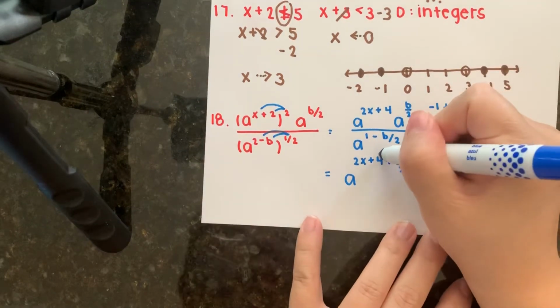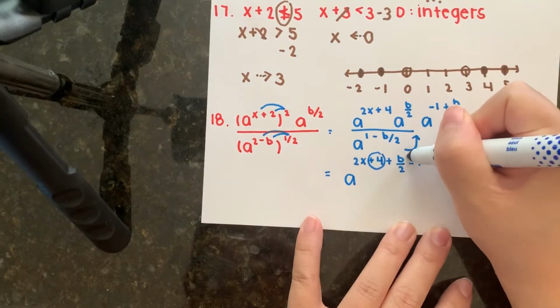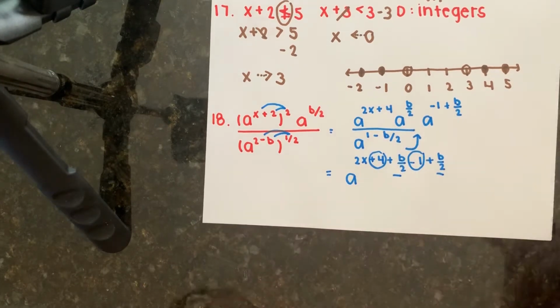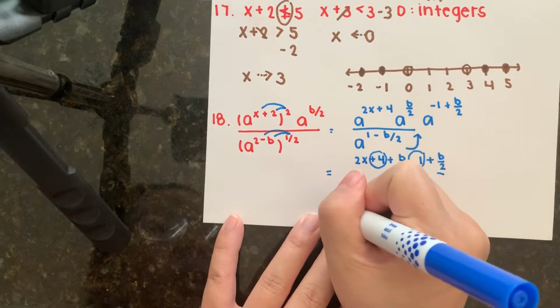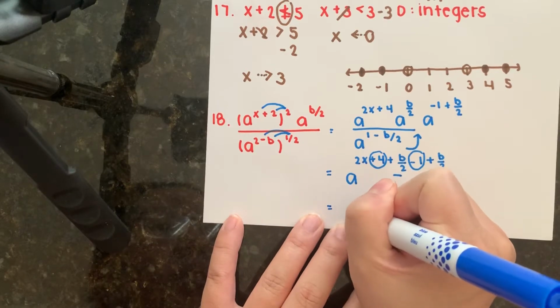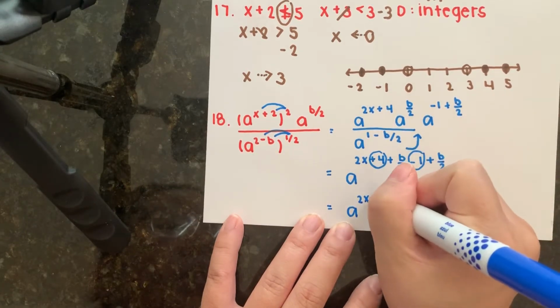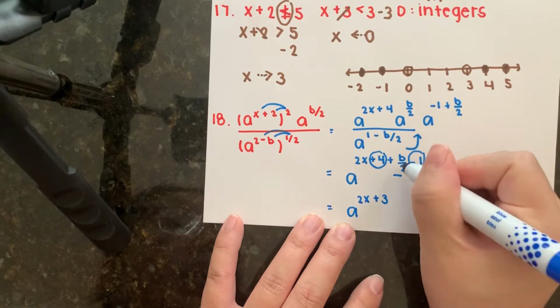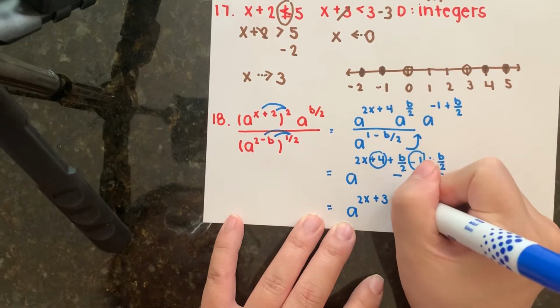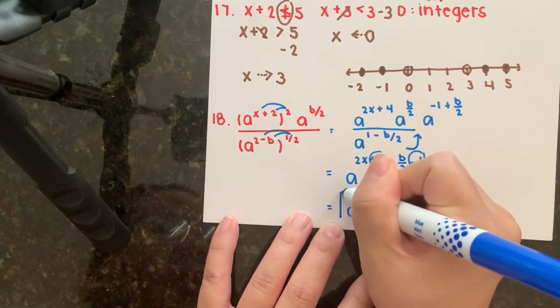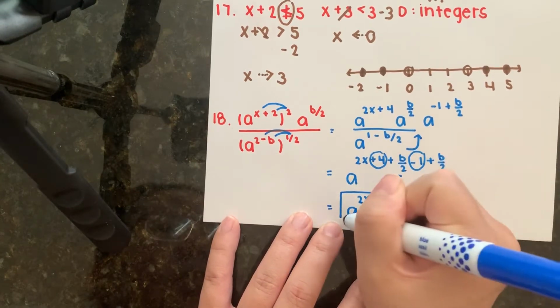I can combine the 4 and the -1, and then I can combine the b half plus b half. So the 2x would be left by itself, so that would just be a to the 2x. But then 4 minus 1 would be 3. And then half of a b plus half of a b would be a full b. So you just plus b. And that would be your result for number 18.